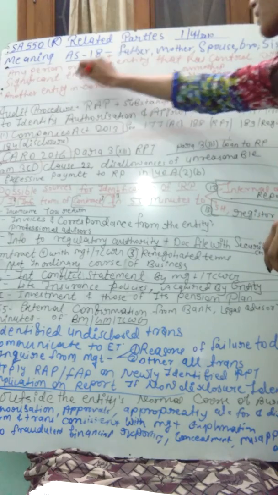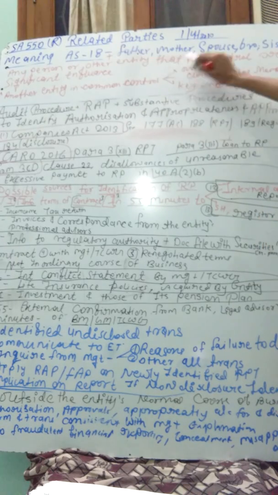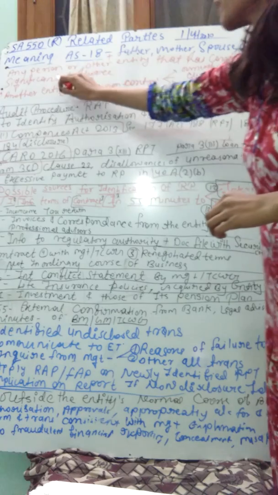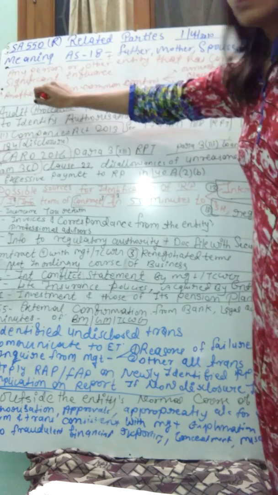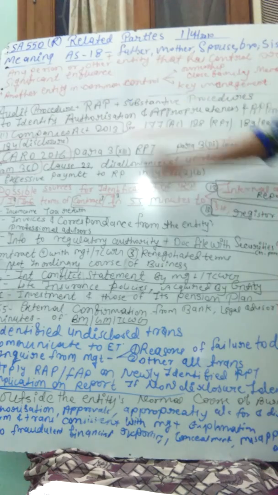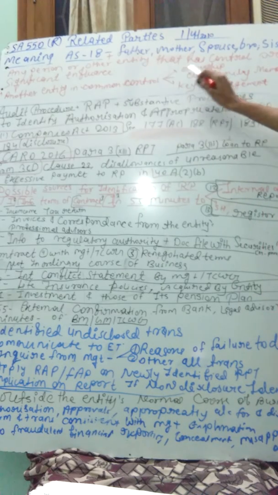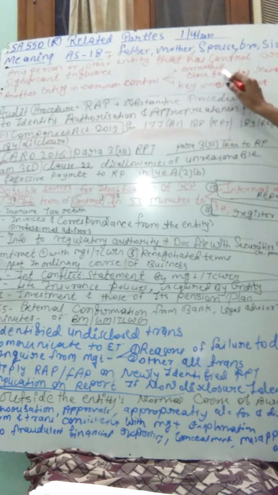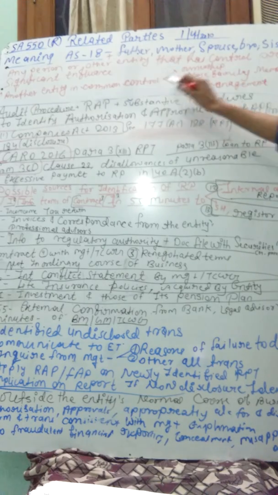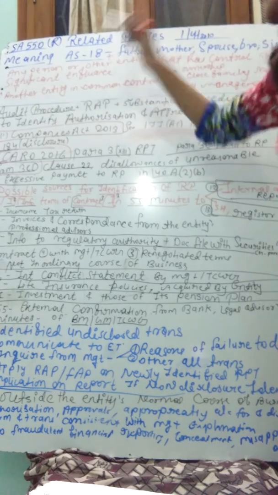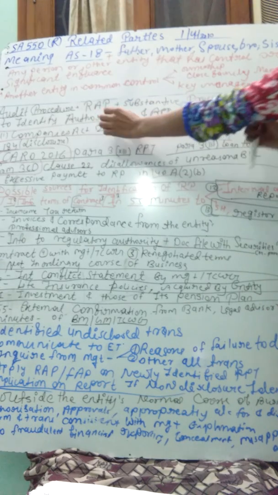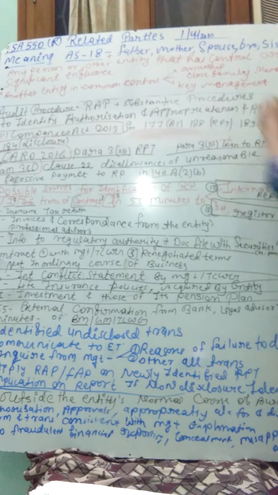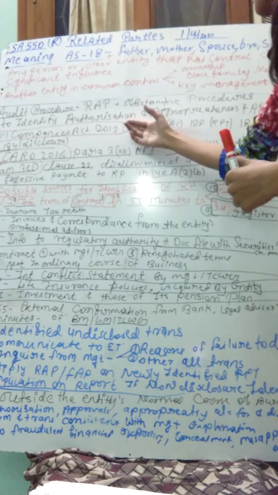Okay, any person or other entities that have control or significant influence over the entity is also a related party. Another entity in common control of ownership, common control of close family members, common control of key management is also a related party.